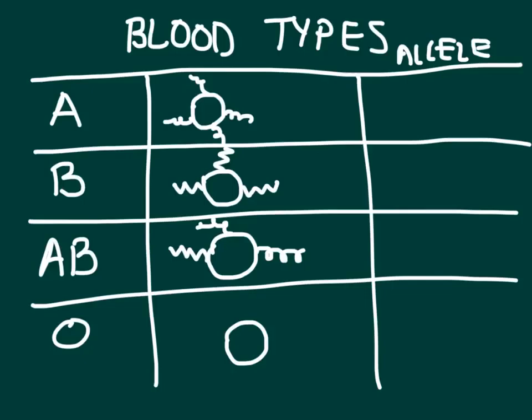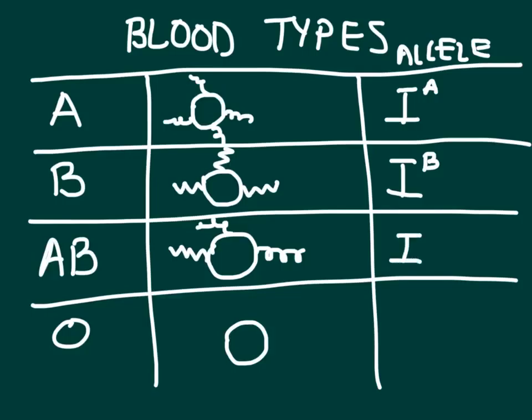There are 3 alleles that you can inherit for blood type. You can get an allele for type A blood. You can get an allele for type B blood. If you have type AB blood, that's not a 3rd allele. If you have type AB blood, we know your genotype for an absolute fact.